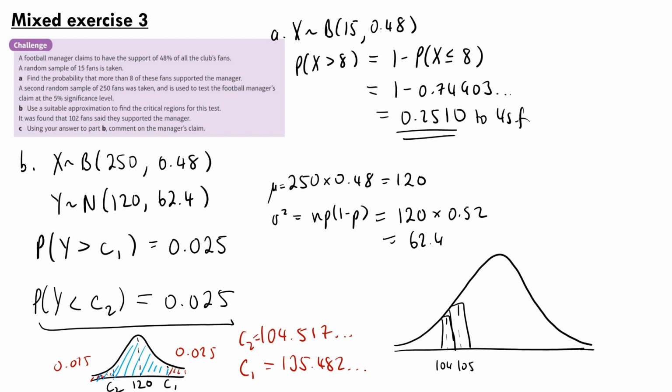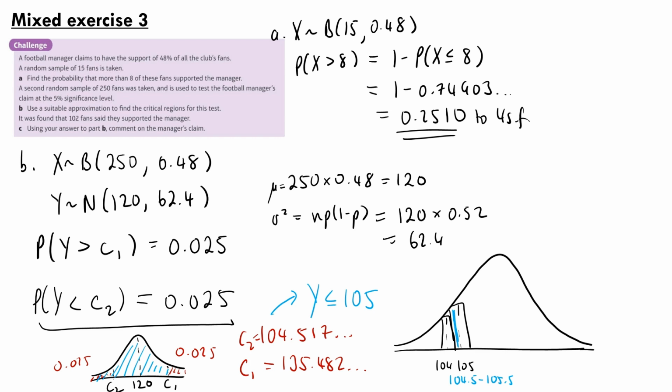When we approximate them with the normal distribution, we apply the continuity correction. 104.517 lies just beyond this point here for the 105 bar, because 105 includes 104.5 up until 105.5. So actually the critical region here is going to be Y is less than or equal to 105. That is included because of the continuity correction.